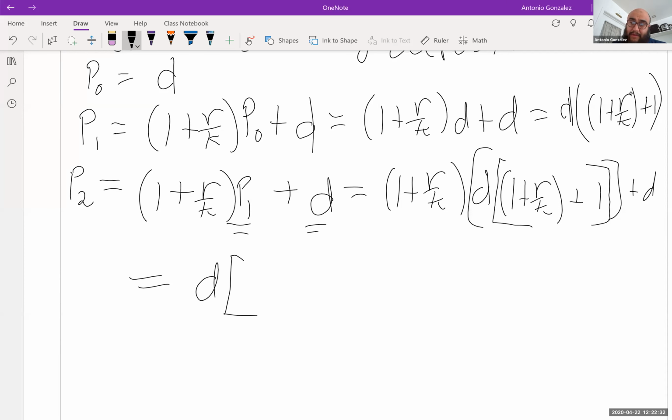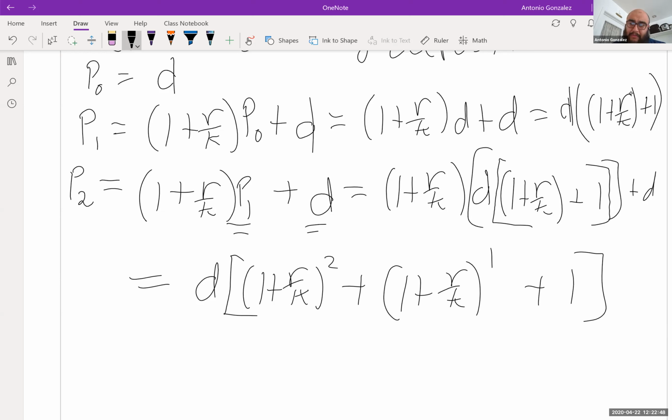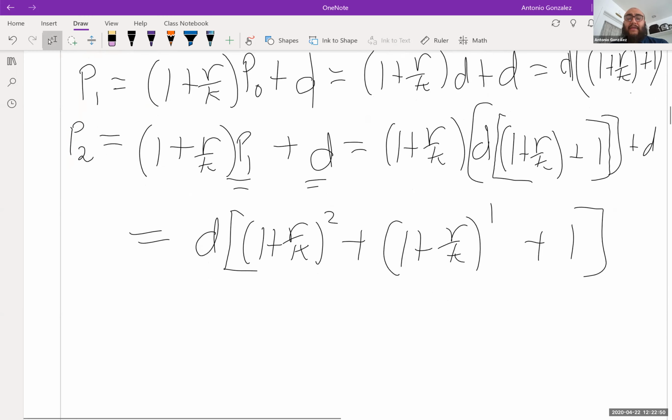Then we're left with 1 plus R over K squared plus 1 plus R over K to the first power, and then plus 1.